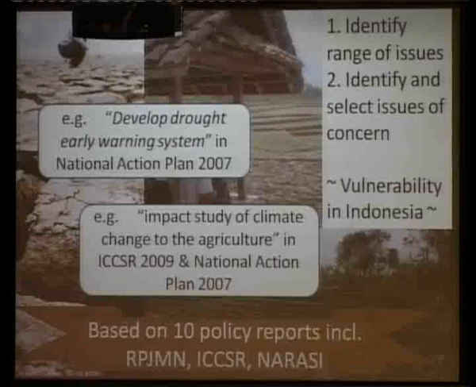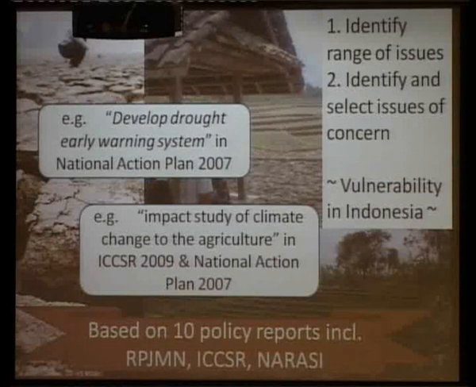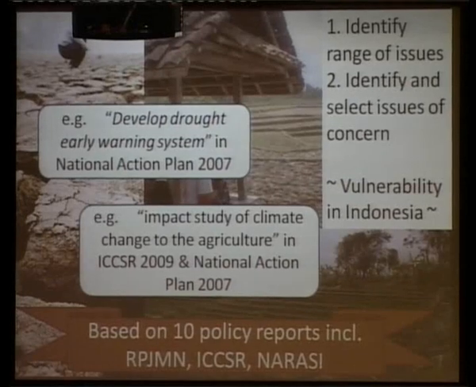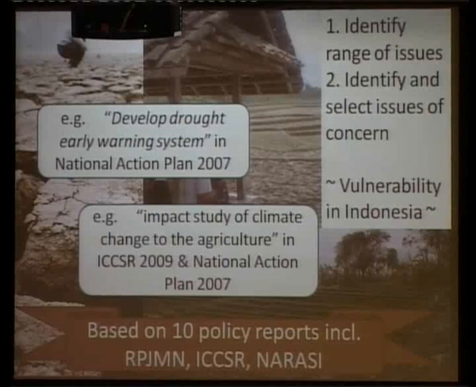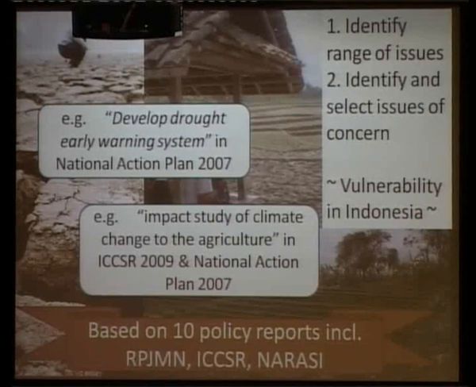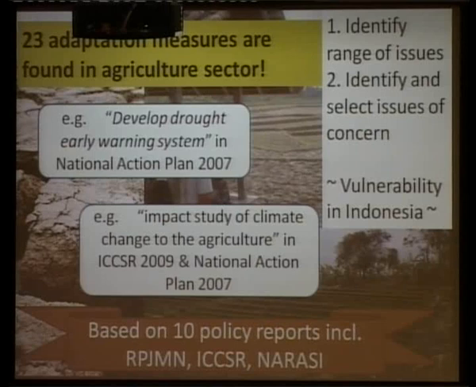There's a comment like, developing a drought early warning system is important in the National Action Plan 2007, or it is important to study climate change in agriculture in the climate change strategy report and National Action Plan. Overall, we found 23 adaptation measures in the agriculture sector. This is the largest compared to other sectors.